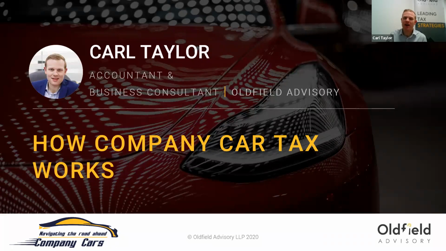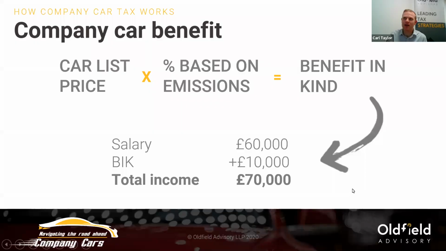So to kick off with company car tax, how does it work? What are the principles? Company car tax occurs where a business provides a car to an employee or to a director that is available to be used for private use by that employee or by that director.